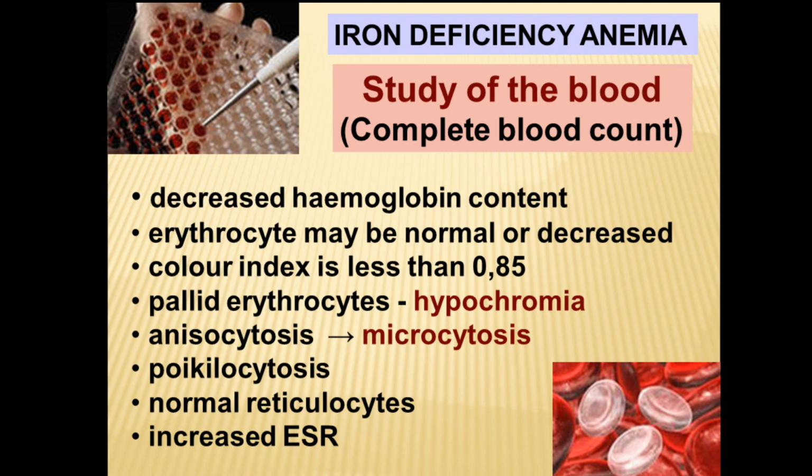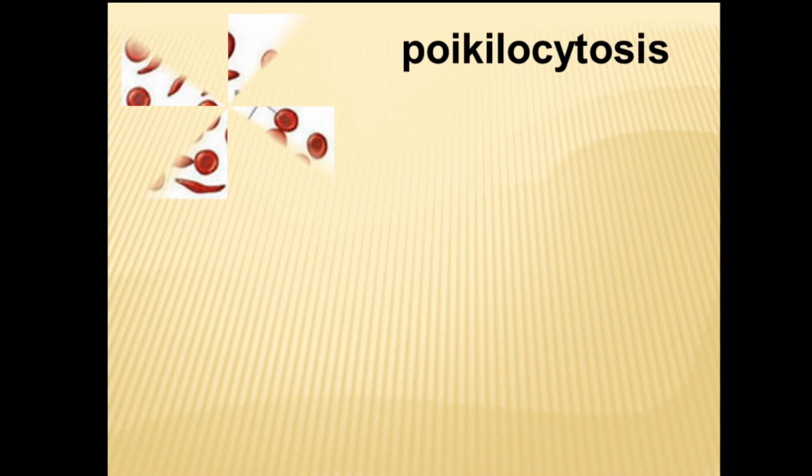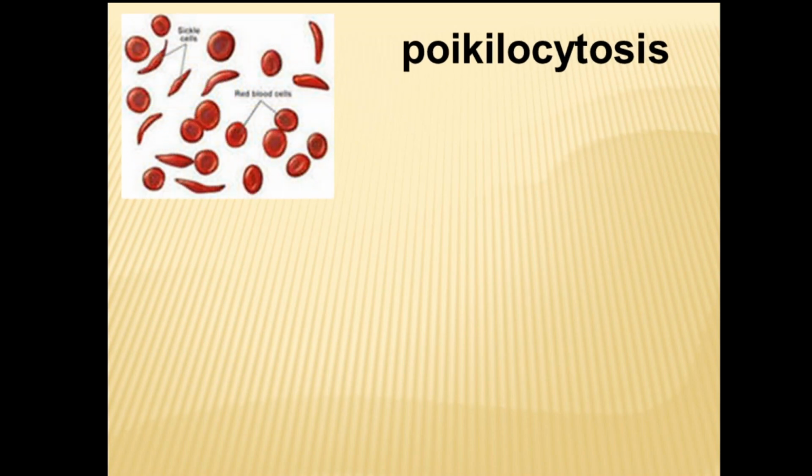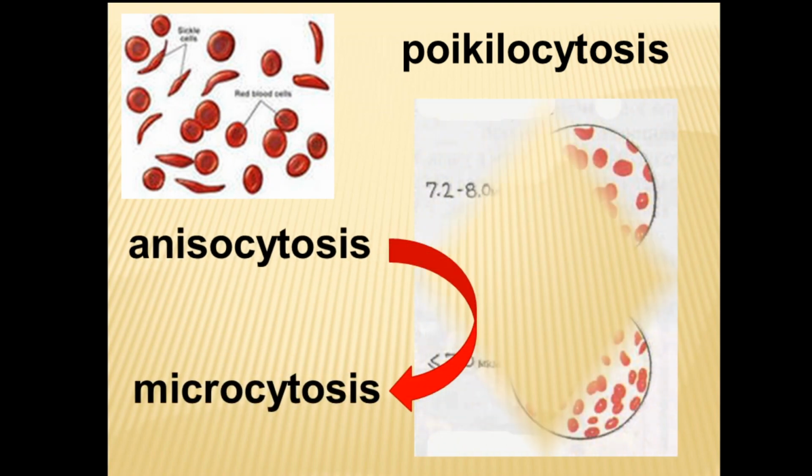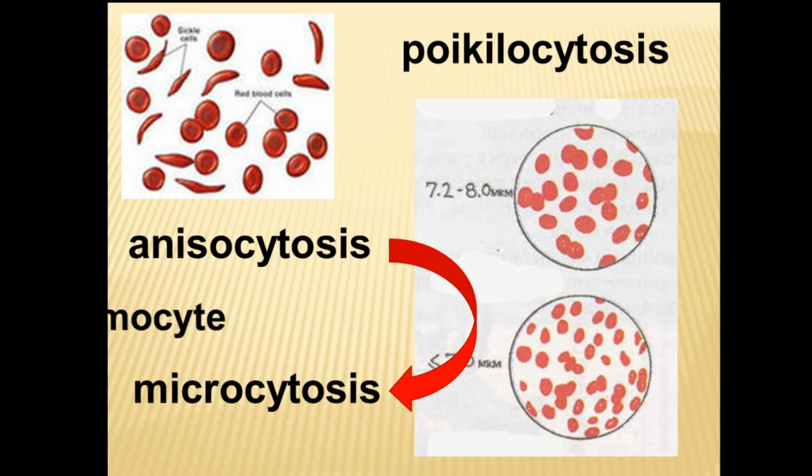If you look at this slide, you see different shapes of erythrocytes, poikilocytosis, and decreased diameter, microcytosis.